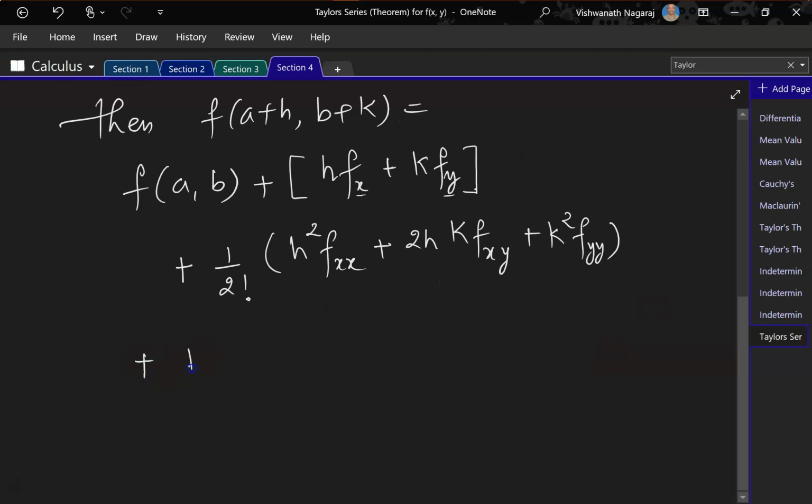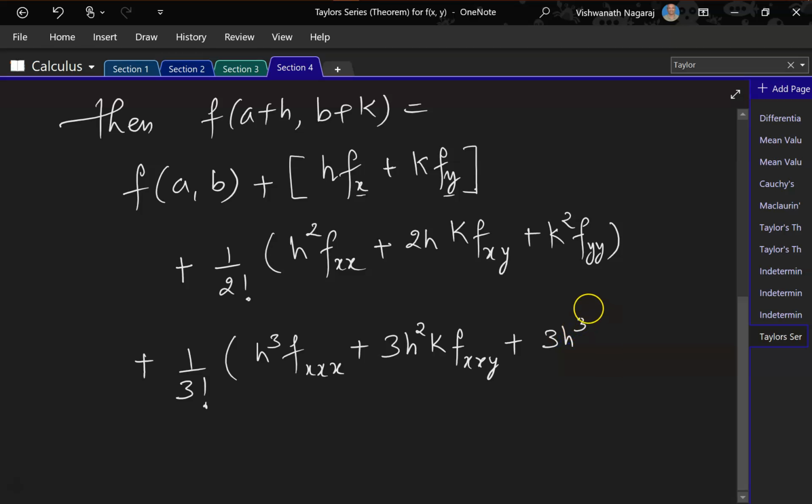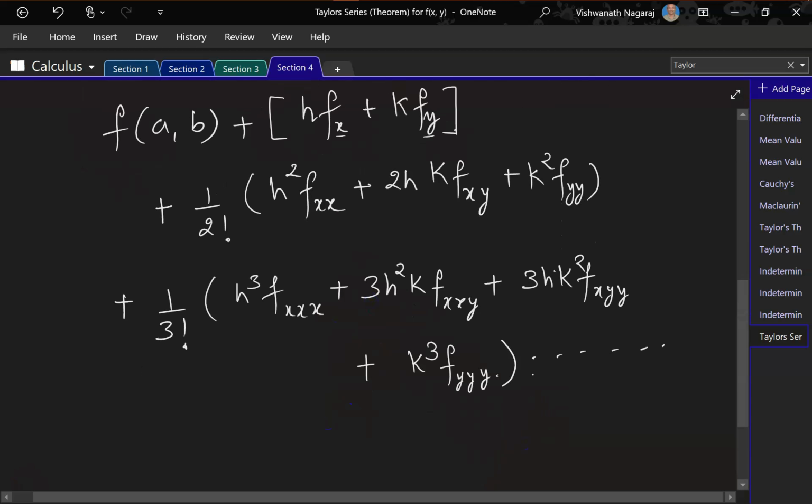We can keep going like this, 1 by 3 factorial, h cube f xxx, that is the third partial derivative with respect to x, plus 3h square k f xxy, plus 3h k square f xyy, plus k cube f yyy. Now this looks very complicated, right?